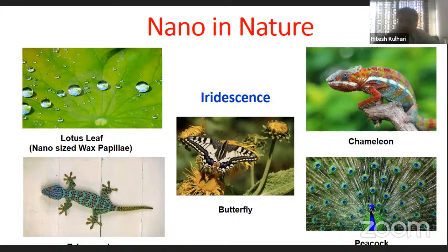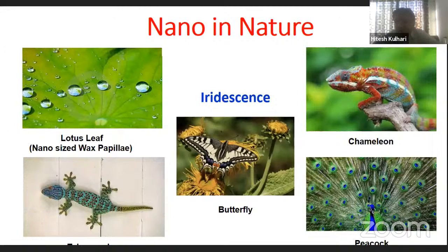Chameleon, we usually say, changes its color as per its requirement, but it is not like that. It takes the color when light falls on the chameleon, and it has a nanostructure surface. Because of that nanostructure surface, when we look at it from a different angle, we see it in a different color.